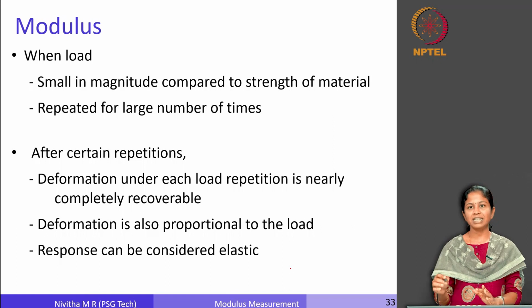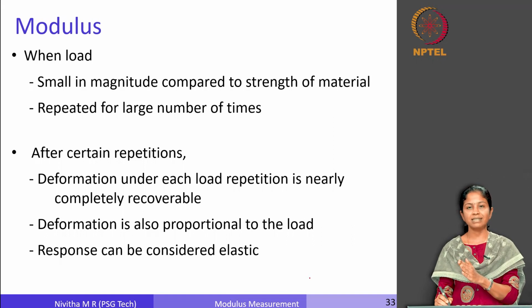So, it reaches an elastic state as we had discussed before, and when it reaches that resilient state, the deformation is also seen to be proportional to the load that is applied. So, in that particular scenario, the response can be considered elastic.